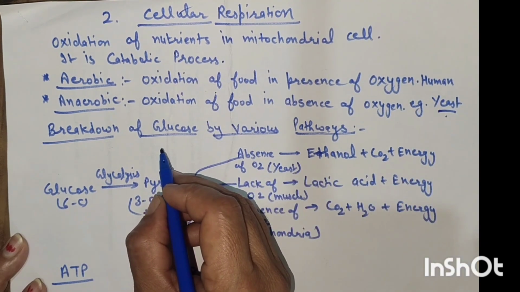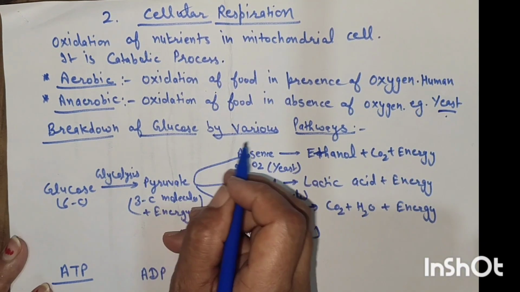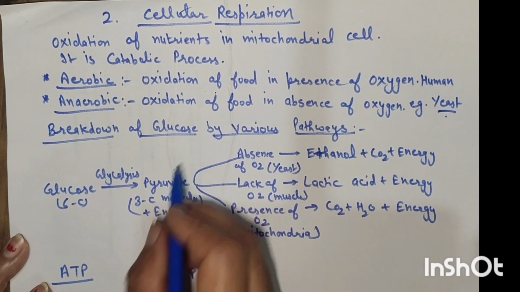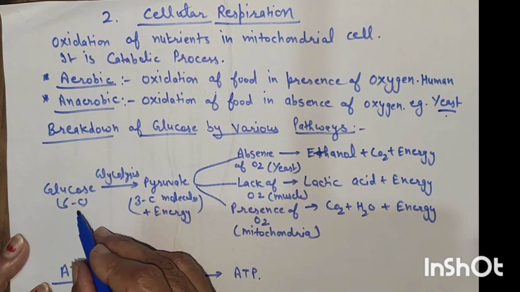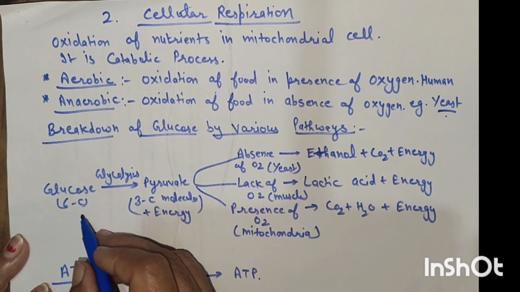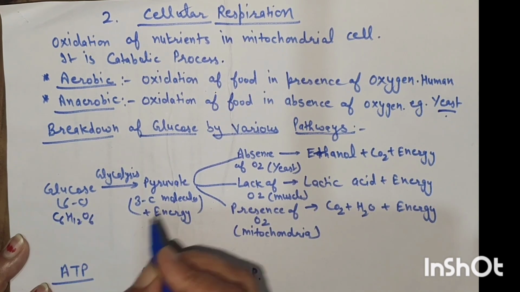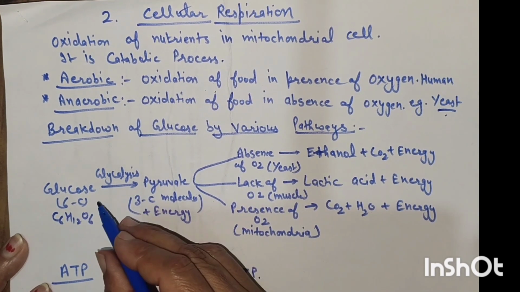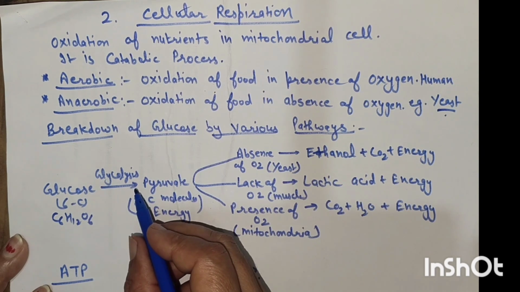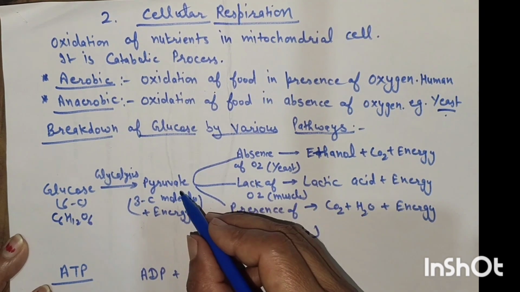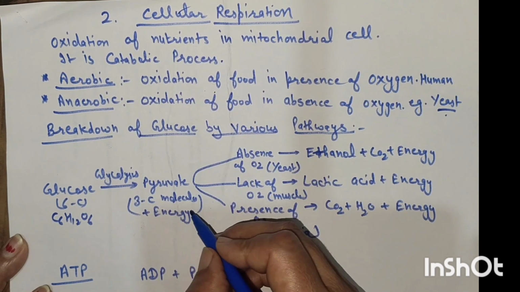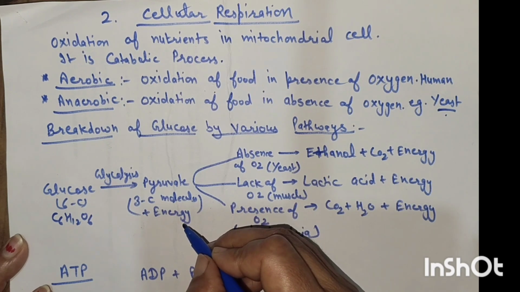Now breakdown of the glucose by various pathways. There are different pathways for the breakdown of the glucose. First, glucose is a 6 carbon compound, C6H12O6, and here by the process of glycolysis it will break down into pyruvate, a 3 carbon compound, and also release energy.